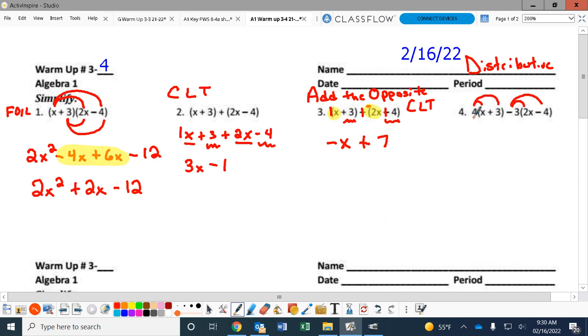So we're going to multiply 4 times x, which is going to be 4x. We're going to multiply 4 times 3, which is going to be 12. Then we're going to multiply negative 3 times 2x, which is going to be negative 6x. And then negative 3 times negative 4 is positive 12.